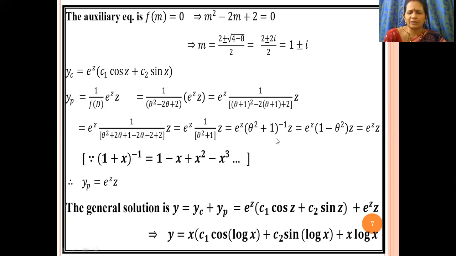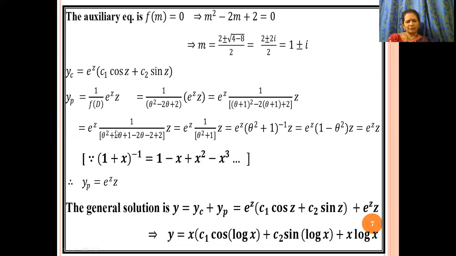We have to write it in reverse, as 1 plus x whole inverse. So x value is theta square. The formula is 1 minus x, that is 1 minus theta square, into z. Okay, so expand this: 1 into z, and theta square z is 0. So e power z into z. The formula's final value is e power z into z. Okay, after getting yp, then write down the particular integral.